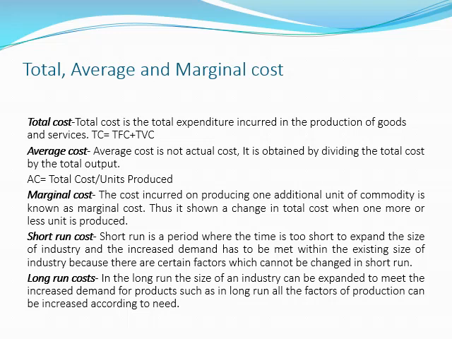Marginal cost. The cost incurred on producing one additional unit of a commodity or service is known as marginal cost. Thus, it shows the change in total cost when one more or one less unit is produced.